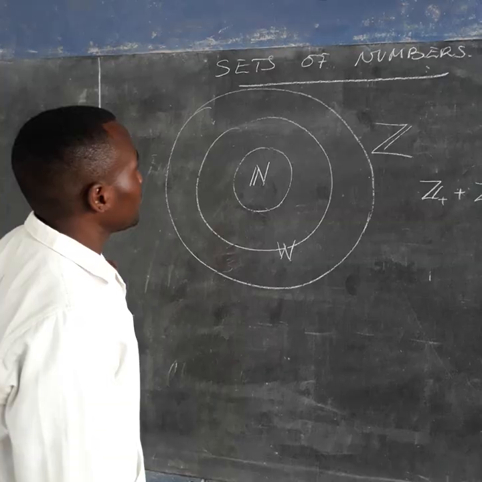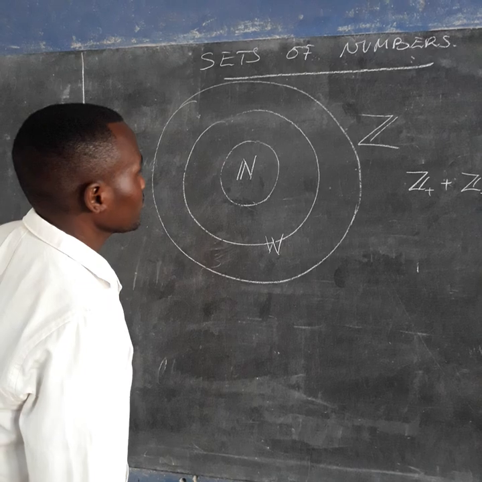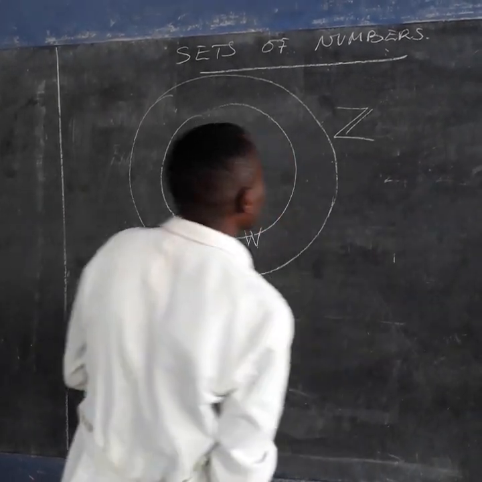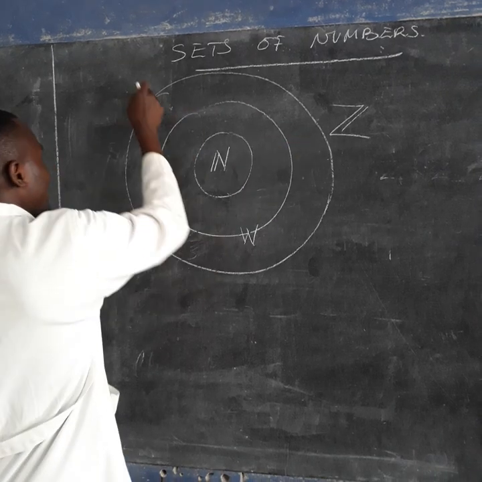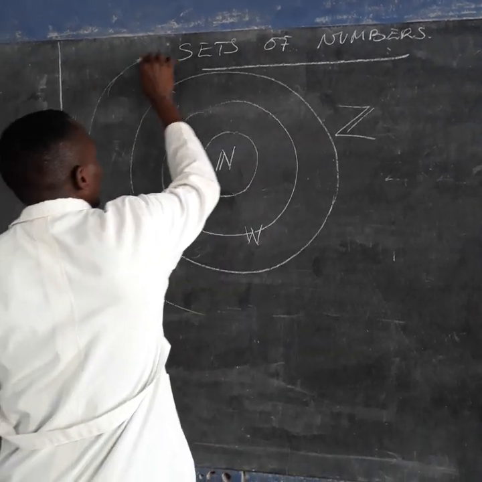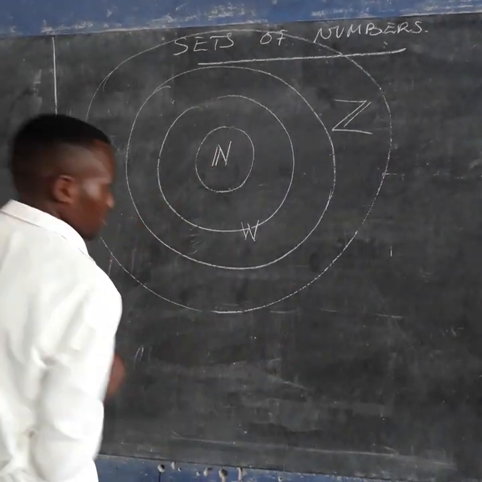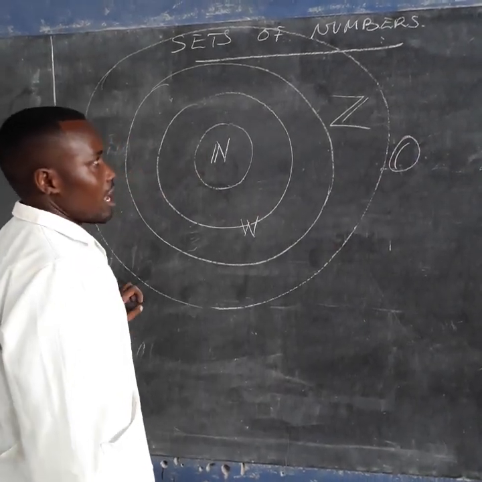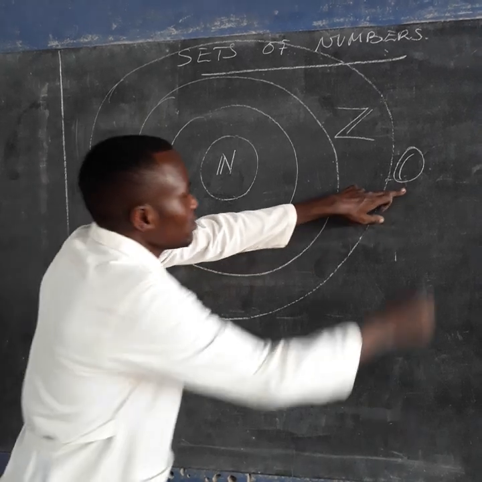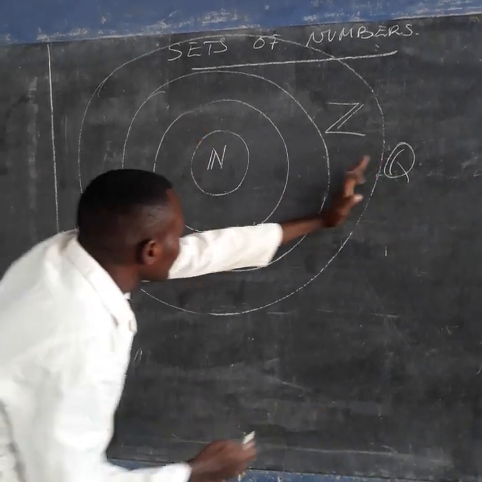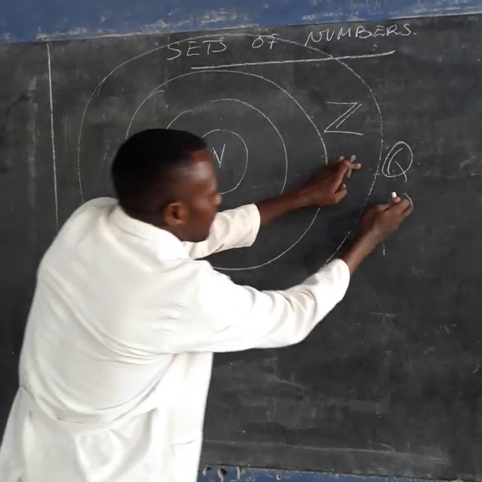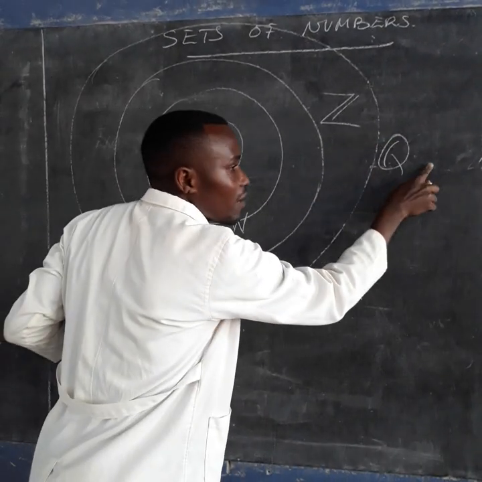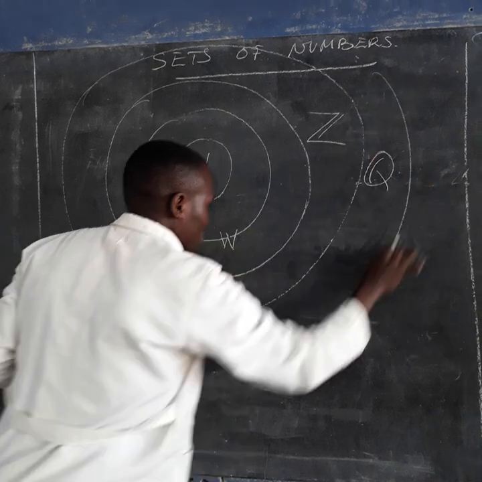After this, another set of numbers which is bigger than integers is the rational numbers, the set Q. And within rational numbers, we have all of these numbers which are here. Then there are irrational numbers. And we have seen that rational numbers together with irrational numbers give real numbers.